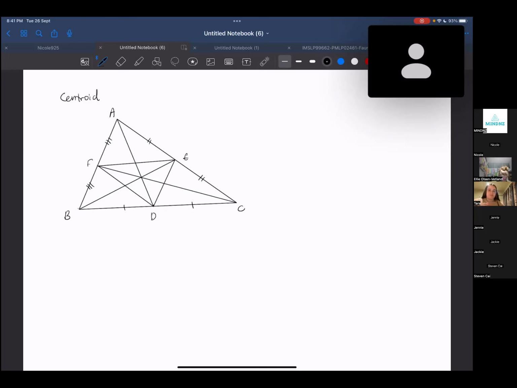For anyone who wants to know, DEF, also this is the way we can notate triangles: I draw a little triangle and then write the letters that outline the triangle. In that case, it's DEF. So DEF is similar to A, B, C. It's actually a dilation. But we don't need to get to that.